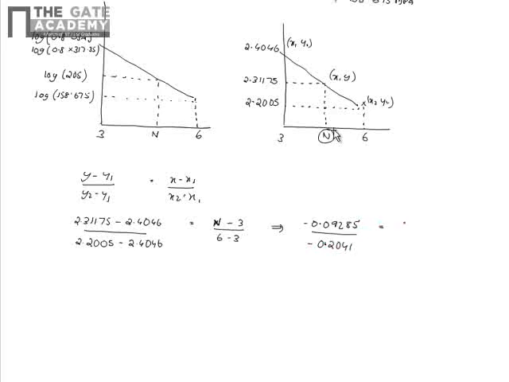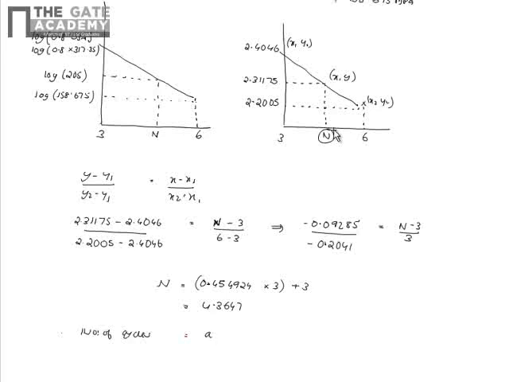This is equal to n minus 3 by 3. So we'll get n is equal to 0.09285 divided by 0.2041, which is 0.454924, into 3 plus 3. This will become 4.3647.